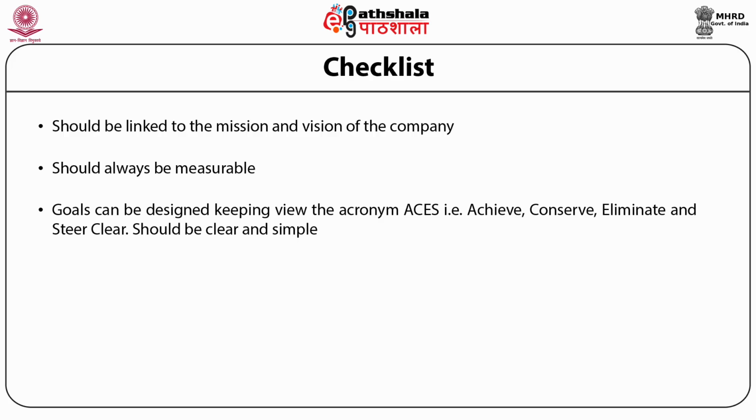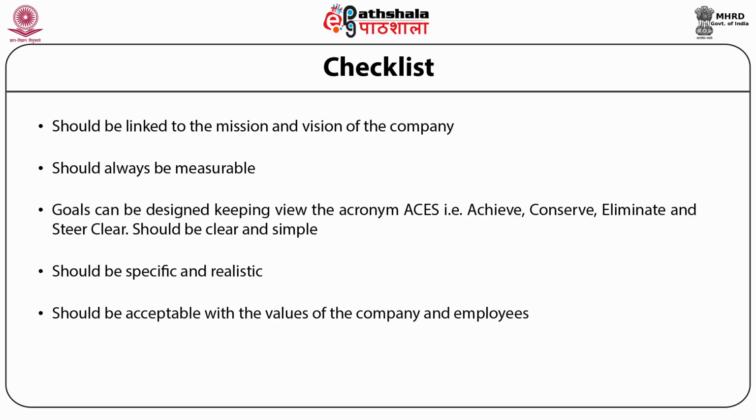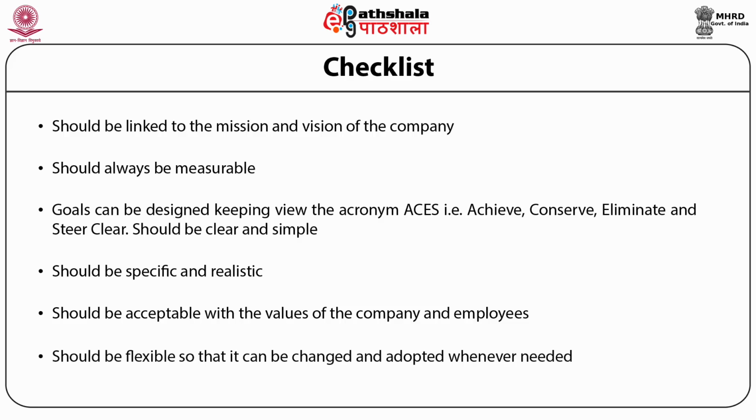It should be simple and clear. Goals and objectives should be specific and realistic and should be acceptable with the values of the company and employees. However, while setting up goals and objectives, flexibility should be kept into consideration so that they can be changed and adapted whenever needed.